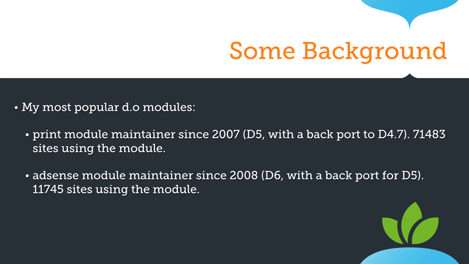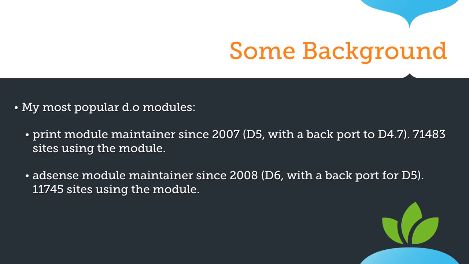The print module cannot be called print anymore because print is a reserved keyword and Symfony apparently doesn't like that I reserve the namespace of the PHP keyword. So it's going to be called printable, and it's out there in a very early stage. And now that Drupal 8 is finally released, I will start taking care of it.